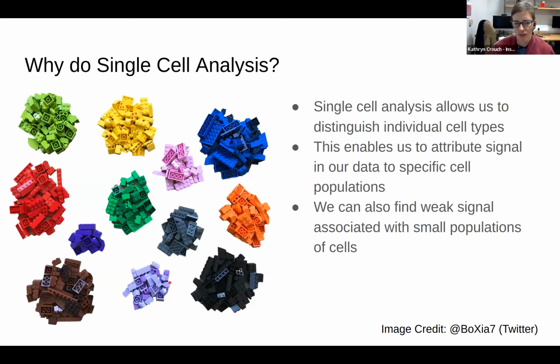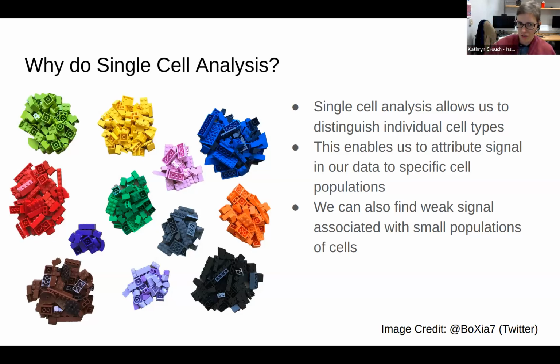One of those things is I can now say that the expression of gene A is only in the red cells, and expression of gene C is in this green population and this green population and nothing else. And I can see signals that I can attribute to these very small populations like this purple one here. Those types of nuances get lost in bulk RNA sequencing.